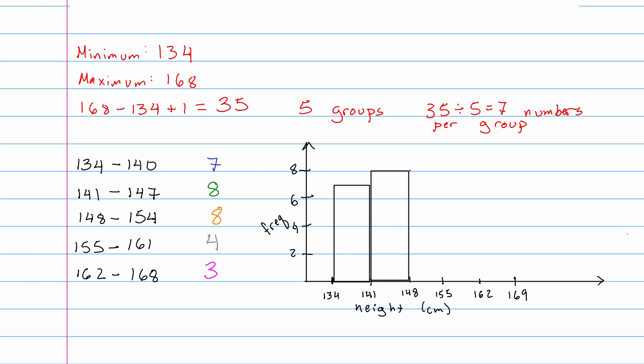And when I do that, I'm going to make sure to draw my bars touching. And I'm going to shade this in. We met these guys in our first class. This is a frequency histogram.